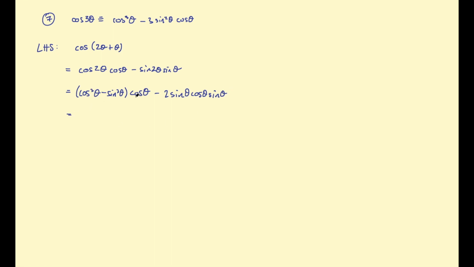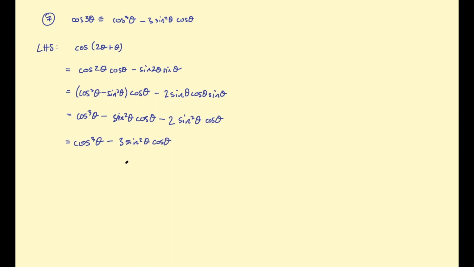Simplifying this, expanding these brackets, this is cosine cubed theta subtract sine squared theta cosine theta take 2 sine squared theta cosine theta, and these are like terms, so combining those we end up with cosine cubed theta subtract 3 sine squared theta cosine theta.